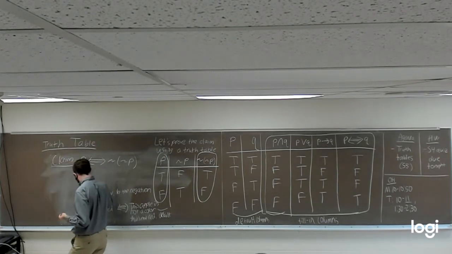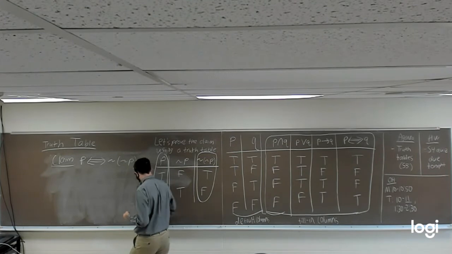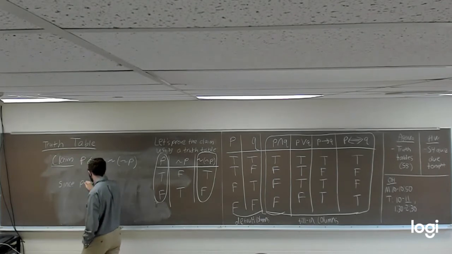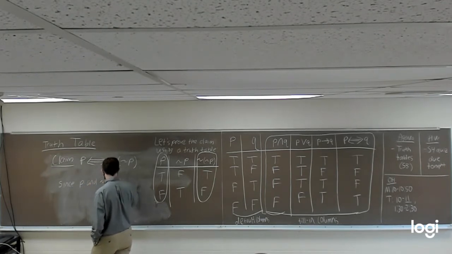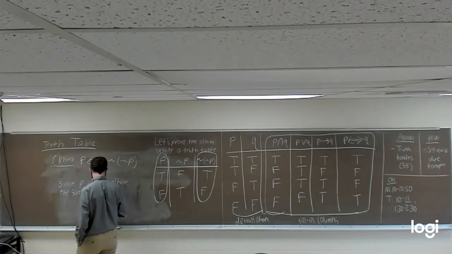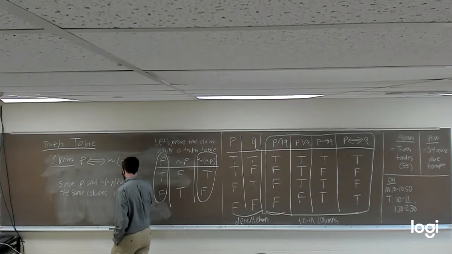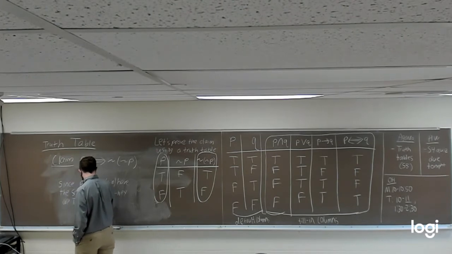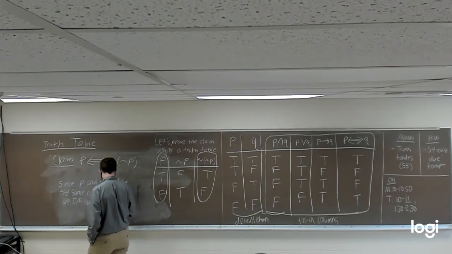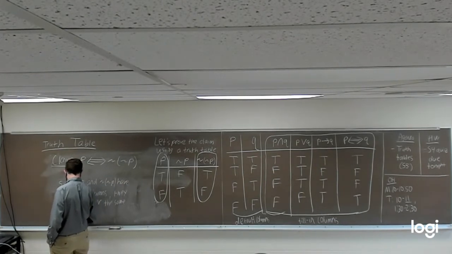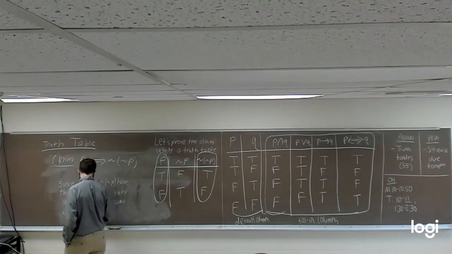So we can say, since P and negation of negation of P have the same columns, they are true or false under the exact same circumstances, and so are logically equivalent.